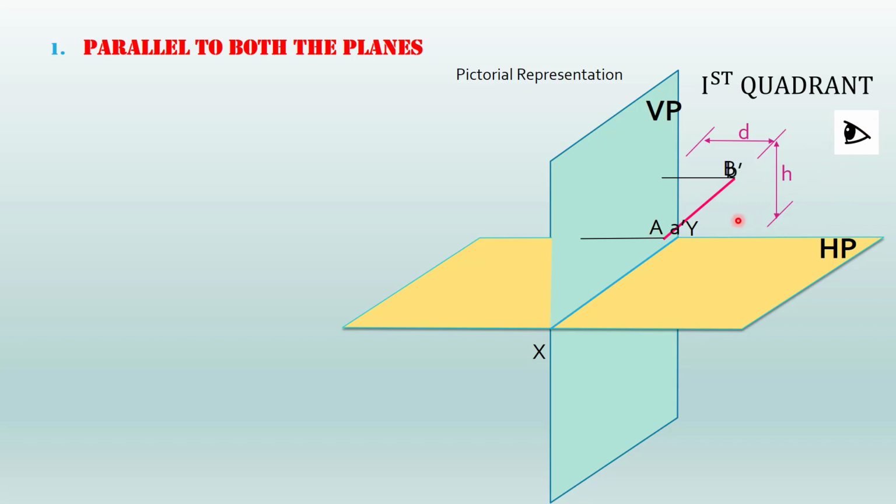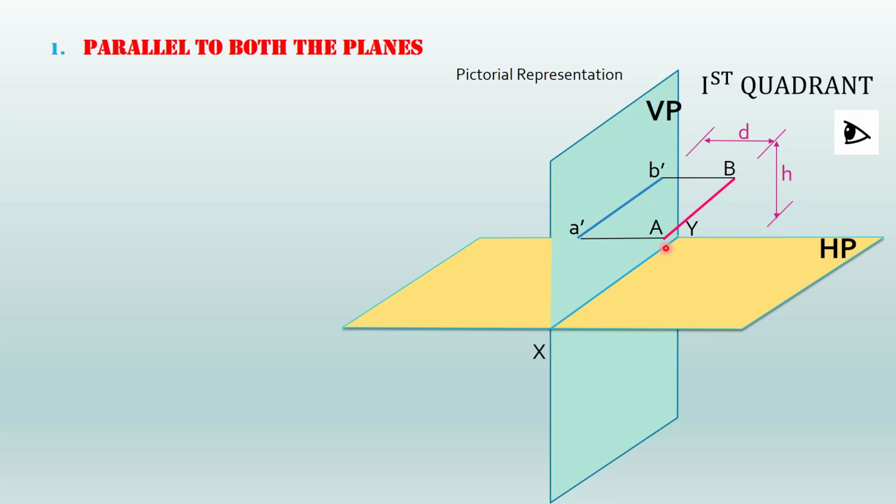So we will get 2 points on the vertical plane. Let that be A dash and B dash. These 2 points are known as the elevation of capital A and capital B. Now if we know A dash and B dash, you can connect these 2 points which will give the projection or the front view of the line capital AB.